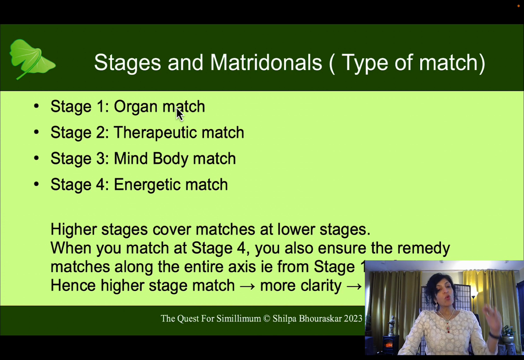And hence, when you go higher and higher, you have much more clarity of the understanding of the remedy as well as the patient, and you have much more accuracy because you have so many different levels of confirmation of that remedy picture understanding, right? So the aim ideally is to match at higher levels, but we work with wherever the patient is at, whatever we get from the patient. That's the whole idea of understanding the stages concept, right?